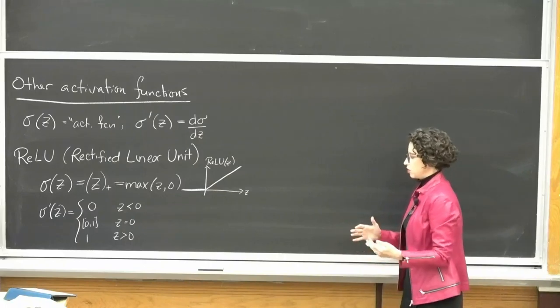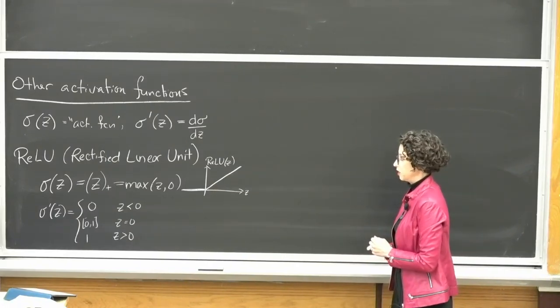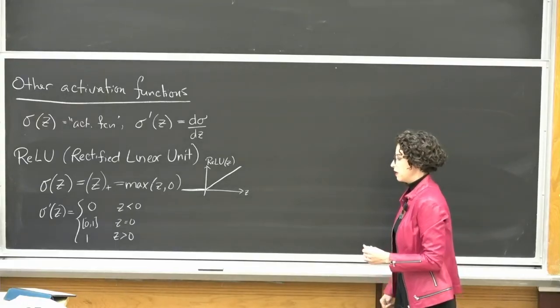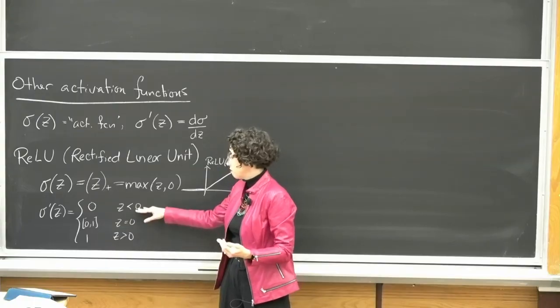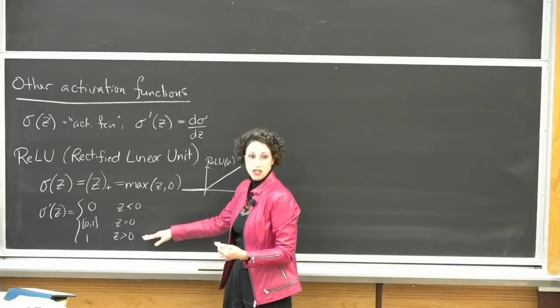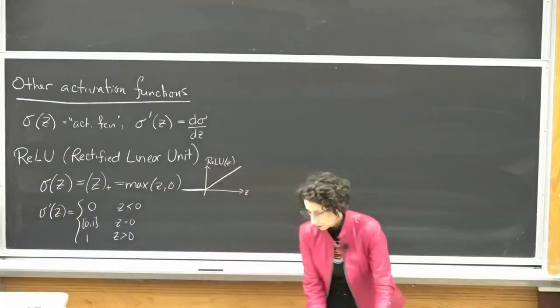But in terms of practical usage, this is what we're going to use for sigma prime of z. This is extremely commonly used, in part because the gradients are very easy. Almost everywhere, the values we're going to be computing are 1s and 0s, which can make some computation very simple.